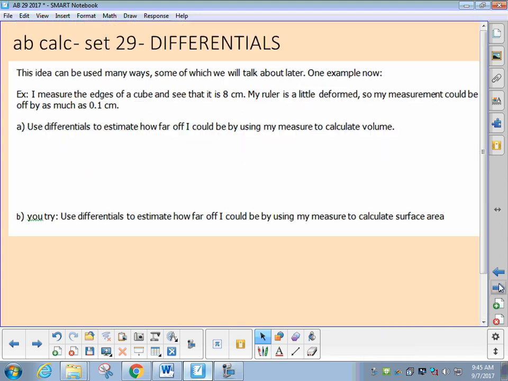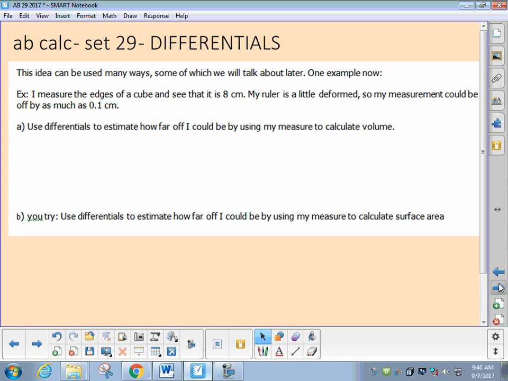Let's look at the application of this. This is a pretty big idea of calculus, so I actually will be teaching this over 2 or 3 different lessons. This is a starting application, and we'll get to more later. But let's call it good after this. So say I had a cube that I was measuring, and I put the ruler to the cube, and I found that the length of each edge is about 8 centimeters.